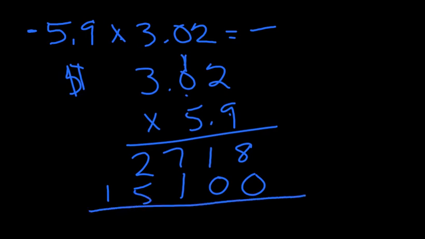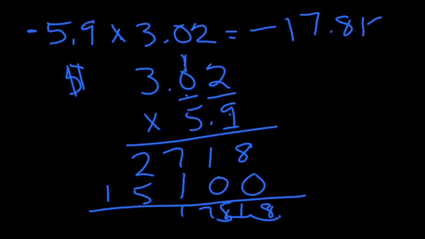Add them up. 3 decimal places. So start here and scoot in 3. So 17.818, and it's negative, we already decided.